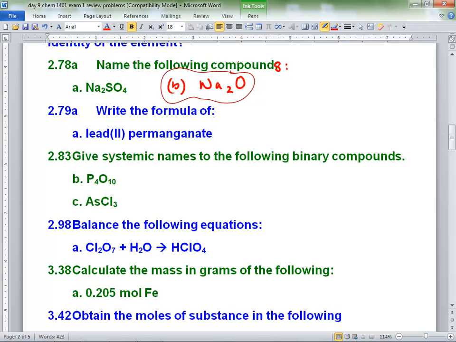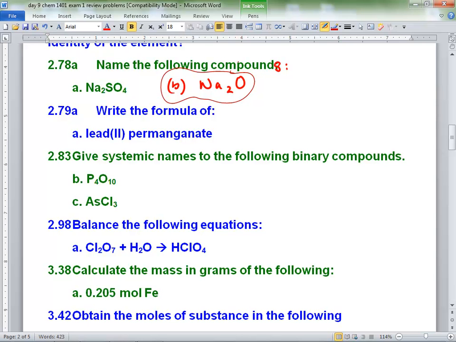Is it sodium oxide, or is it disodium oxide? Which one is it? Or is it sodium 2 oxide? Are we getting even more possibilities in here?